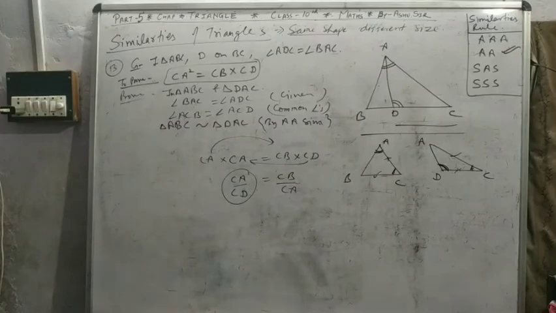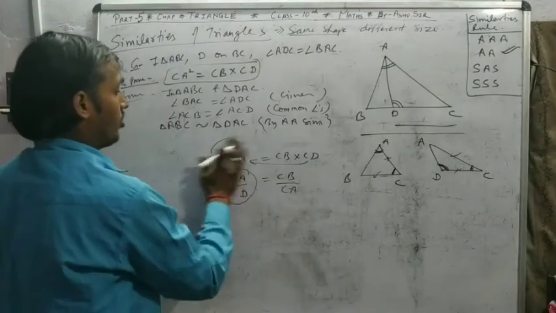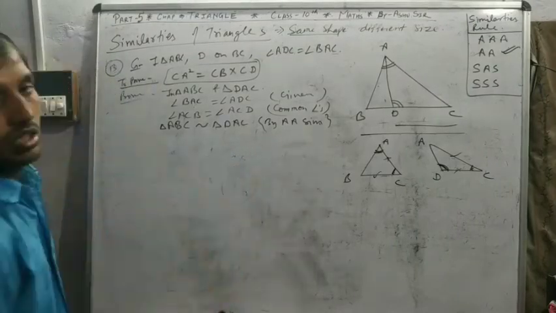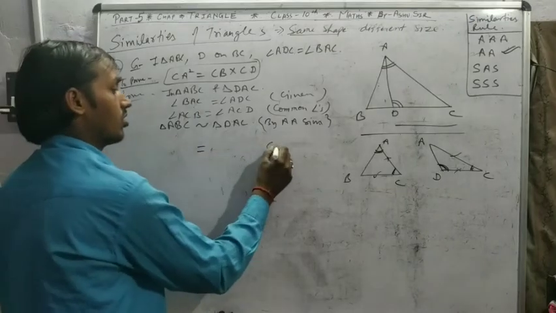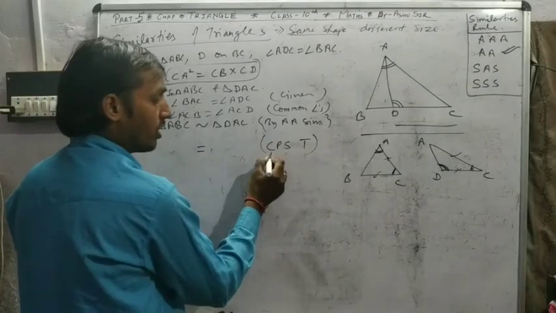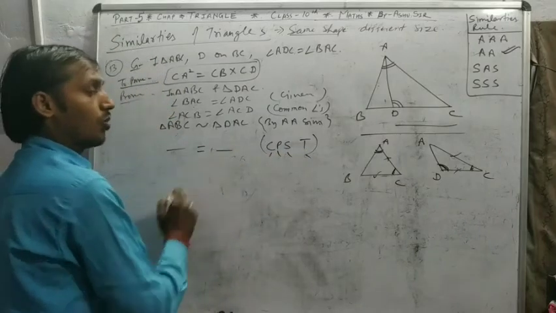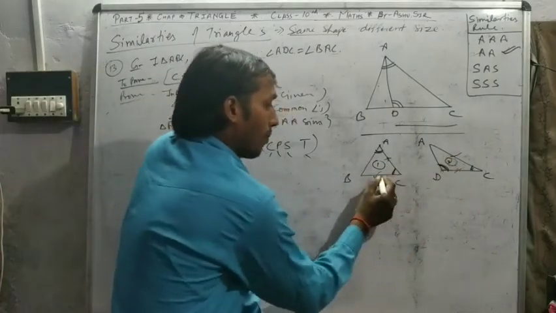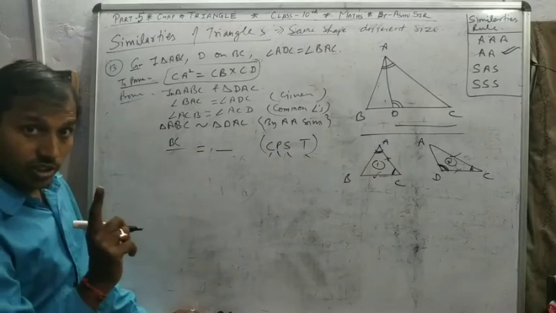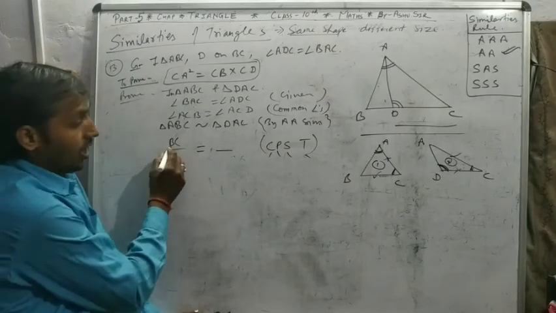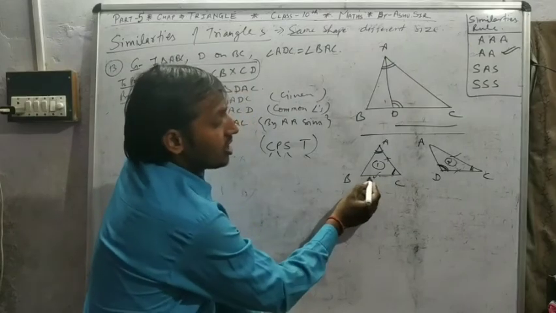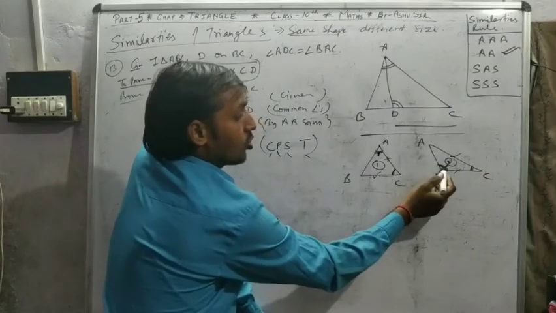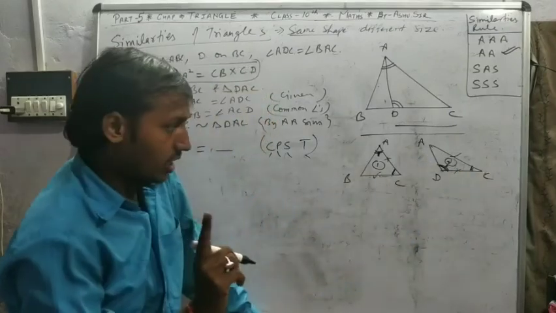When 2 triangles are similar, their corresponding sides are equal, but we have to write only the corresponding parts of similar triangles, only the 2 parts which we want. If we take BC from the first triangle, it is opposite to this angle, and this angle is equal to this, so the opposite side AC is the corresponding part.